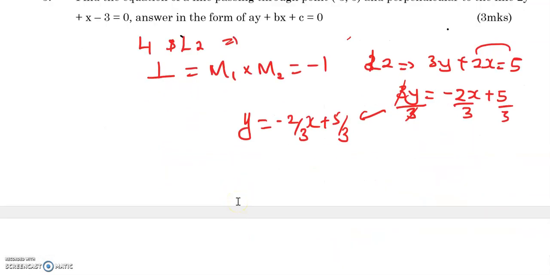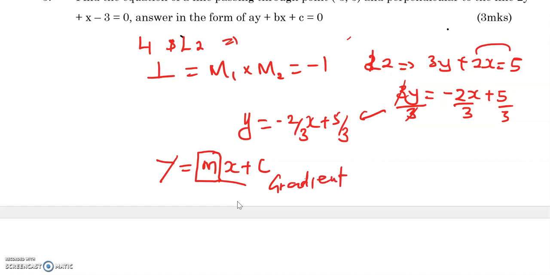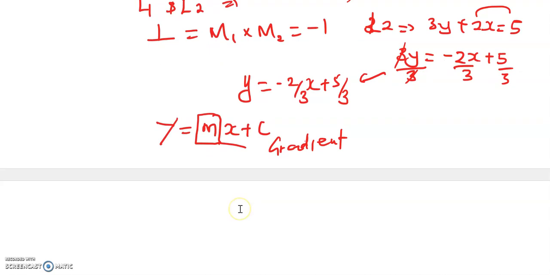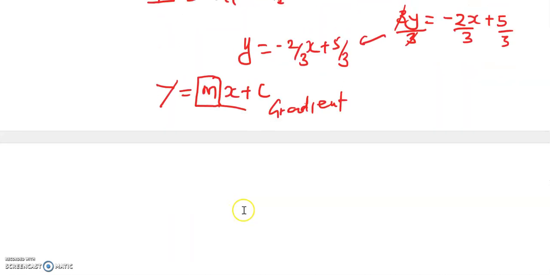So what we are interested in here is the gradient of the line. Given the standard linear equation y is equal to mx plus c, we have to know that m, the constant m, stands for the gradient of the line. This is the gradient of this line, and c stands for the y-intercept.